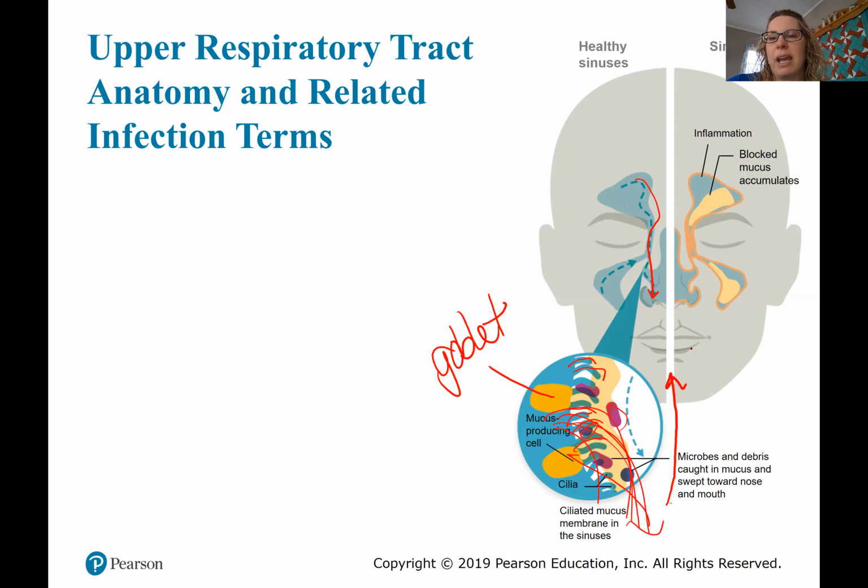Now, if a person has inflammation of the sinuses, remember itis means inflammation of, you get a blockage because this passageway is blocked. So this mucus starts to build up, or you could get blockage down here. If you've ever had a sinus infection, you can definitely tell right where your sinuses are, right? You get pressure in your sinuses.